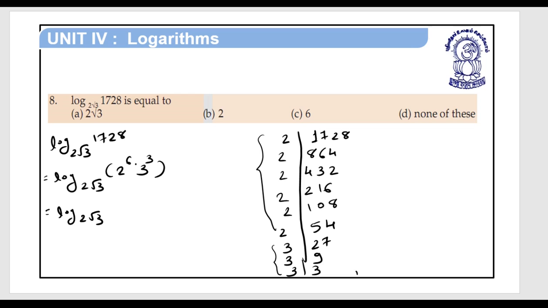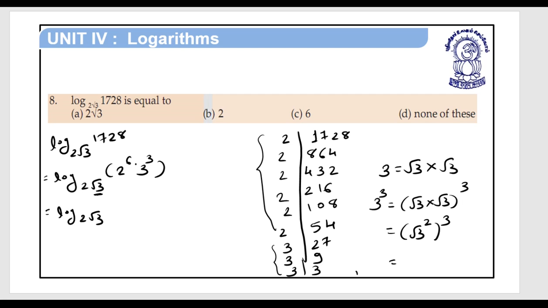Here we require root 3. So 3 is equal to root 3 into root 3. Here 3 cube, so root 3 into root 3 cube, so root 3 square cube is equal to root 3 raised to 6.